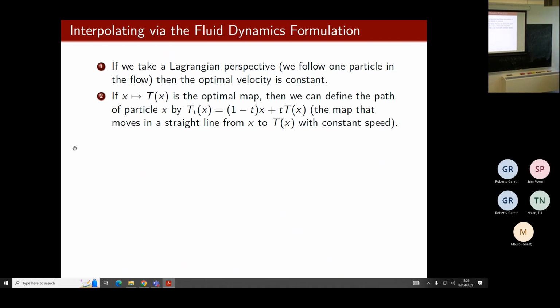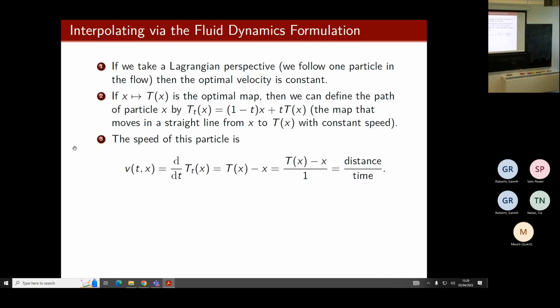So if x to T of x is the optimal map, then we define this interpolation between x and T of x. At time t equals 0, this disappears and I get T0 of x equal to x, and at t equals 1, I get T1 of x equal to capital T of x. So I'm just moving between x and T of x in a straight line.